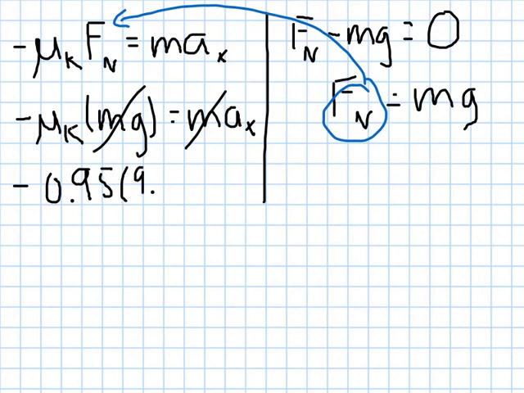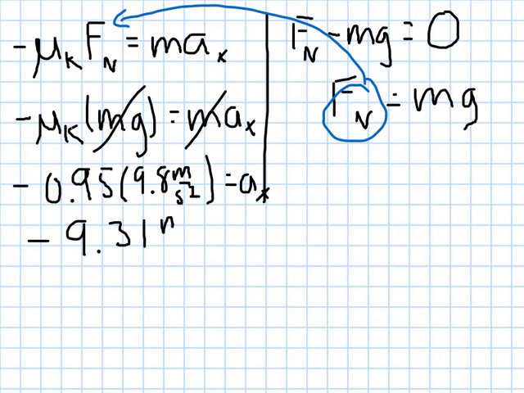So negative 9.5 times 9.8 meters per second squared, that's going to be equal to the acceleration in the x direction. And when I work that out, I find that negative 9.31 meters per second squared is the acceleration in the x direction. That negative sign comes from the way I set up my coordinate system.